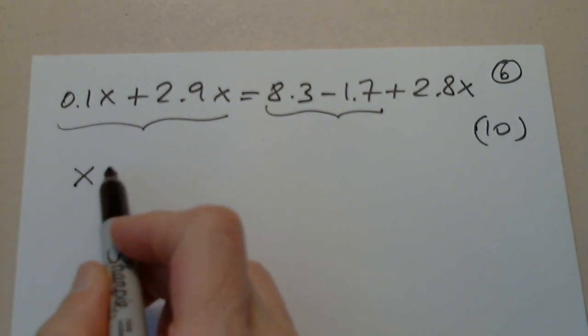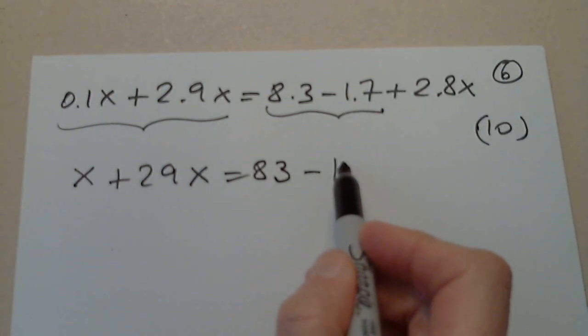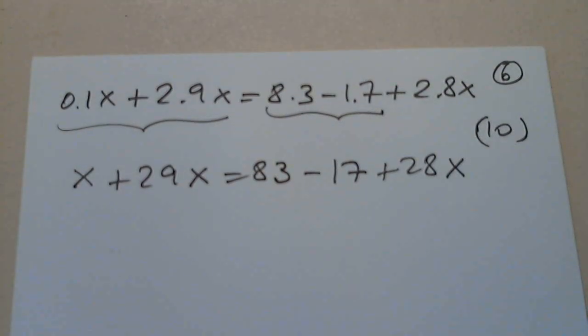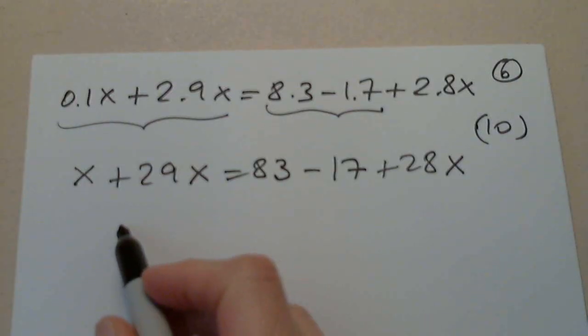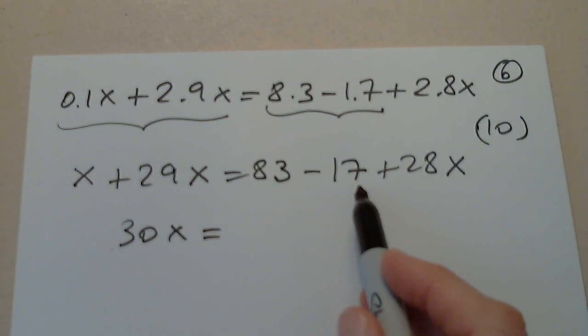So this is x + 29x = 83 - 17 + 28x. Either one, I accept, of course. I'm in agreement with both. It's easier to add x to 29x than 0.1 to 2.9. I'm not saying we shouldn't. It doesn't matter. So this is 30x = 83 - 17.